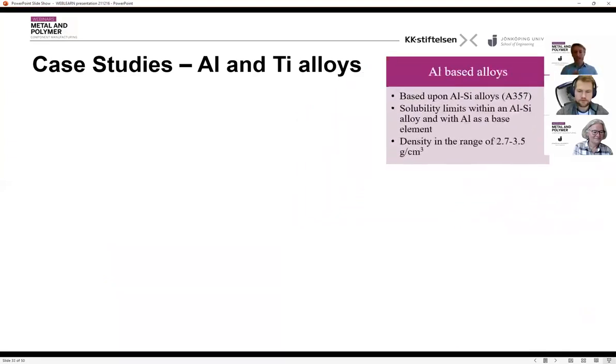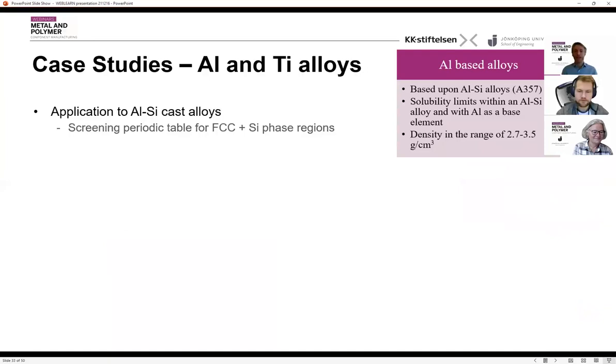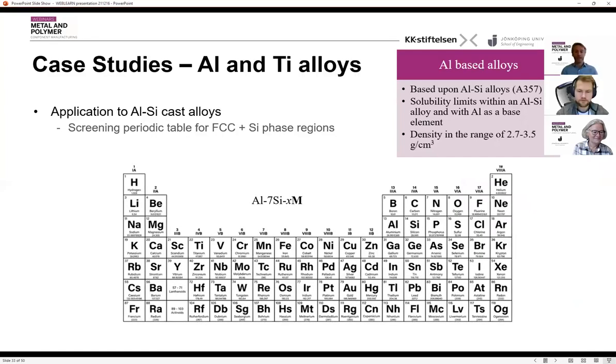I'm going to talk first about the aluminium-based alloys that we've looked at. I saw we had a few in the attendee list who were interested in the development of aluminium alloys. So we started by looking at the periodic table, taking the elements that are likely to be soluble with aluminium silicon, also a few elements in literature which suggest that could be interesting property-wise, and we grabbed some additional lightweight elements.